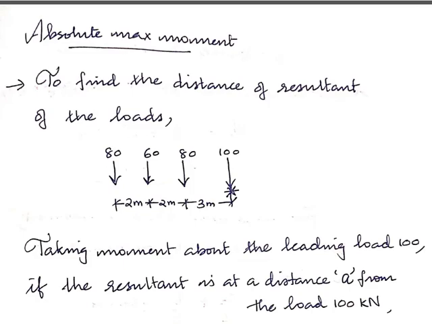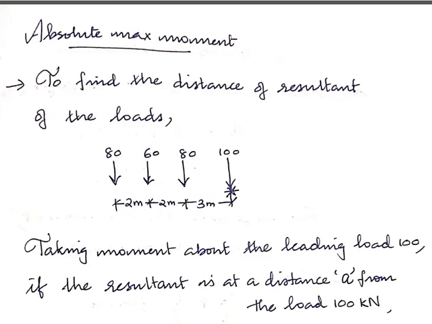So next is the calculation of absolute maximum bending moment on the beam. So this is a little tricky. Let's first of all understand the procedure, and then I will explain the condition how to place the loads to have the absolute maximum moment on the beam.